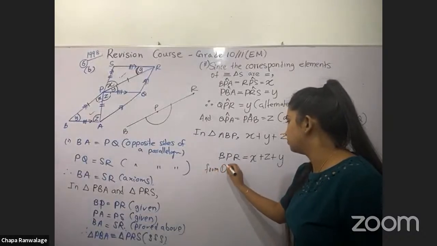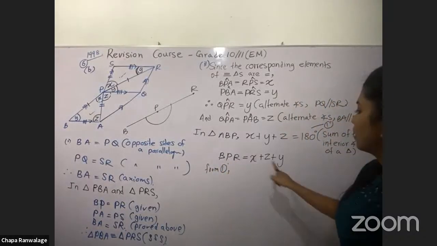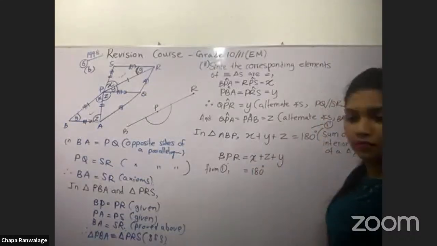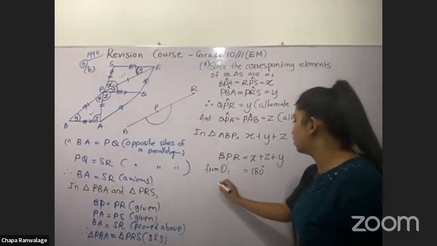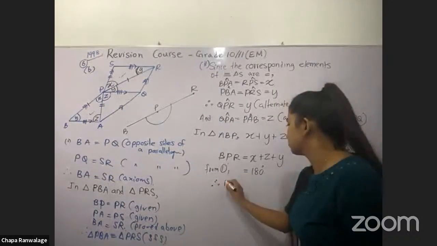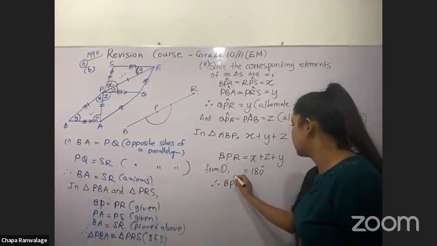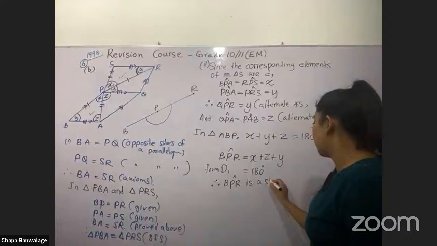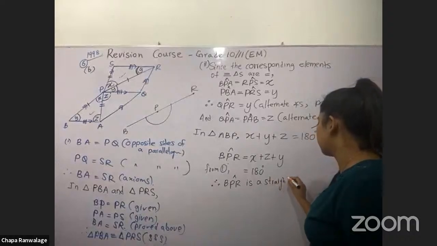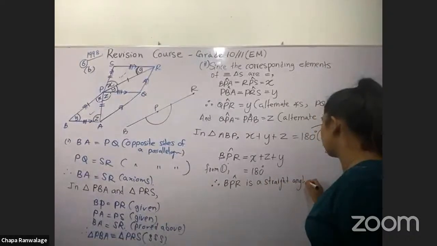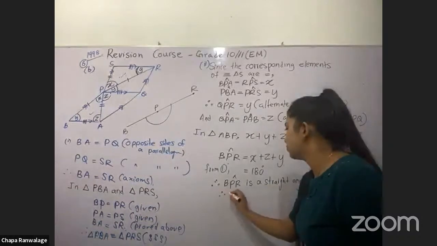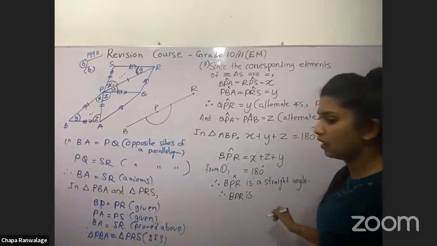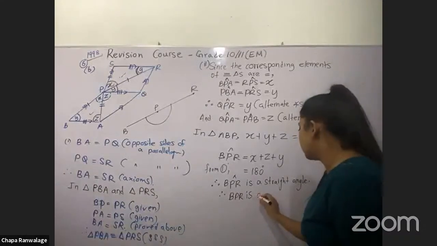From 1, x plus y plus z equals 180. Correct? So BPR is a straight angle. Therefore, BPR is a straight line.